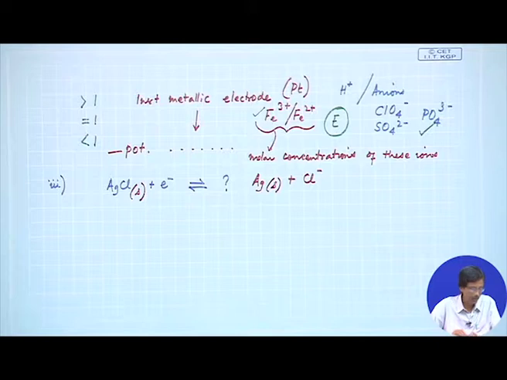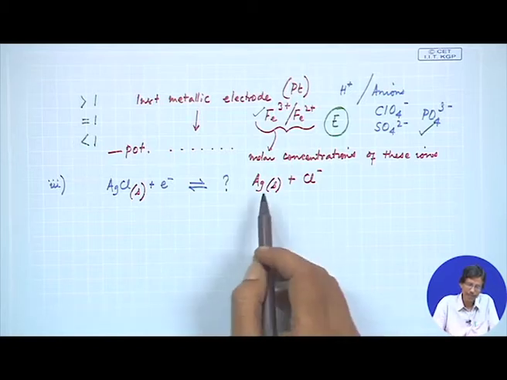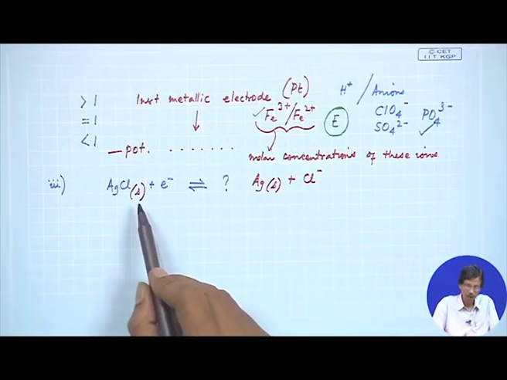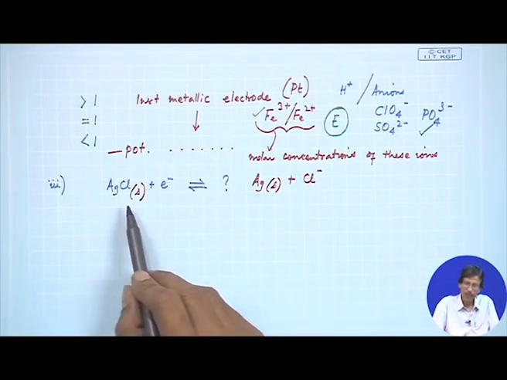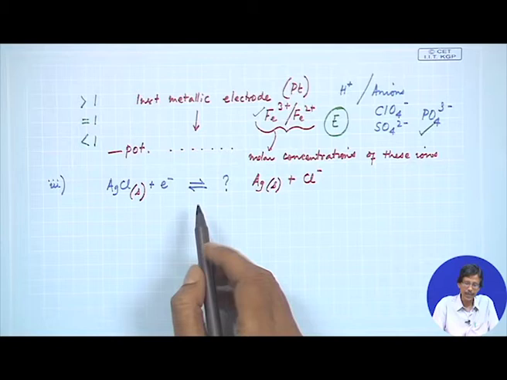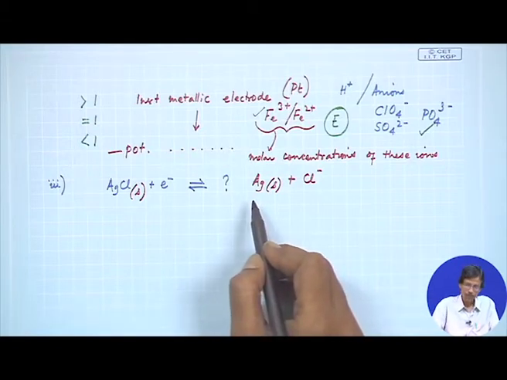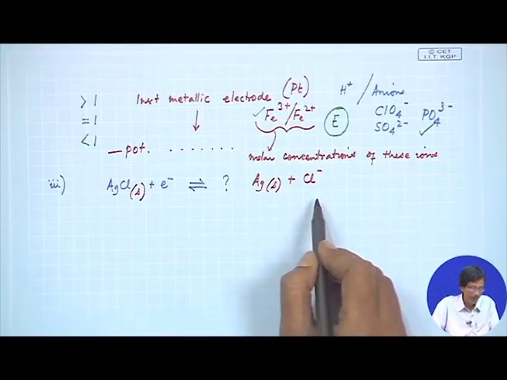So, how you handle this particular reaction is very interesting, because we can use it as a standard reference electrode, since the silver chloride electrode is there like your standard electrode which we consider as the calomel electrode. So, this is the most important reaction.